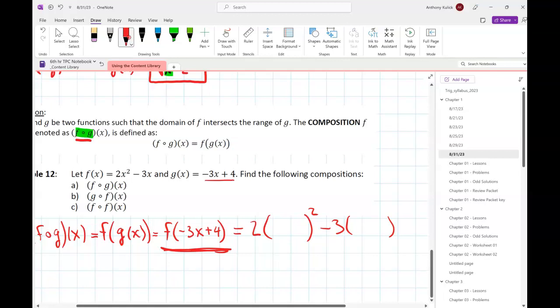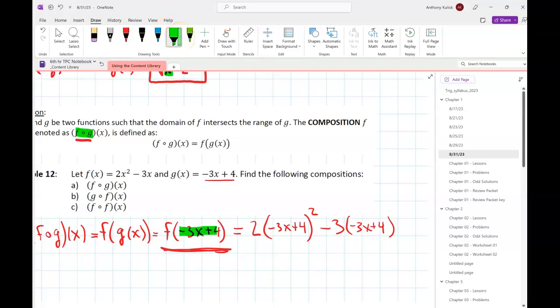So where those x's are is where the negative 3x plus 4 goes. So I'm like plugging the function g into my function f. Does everybody feel okay with what we did there?